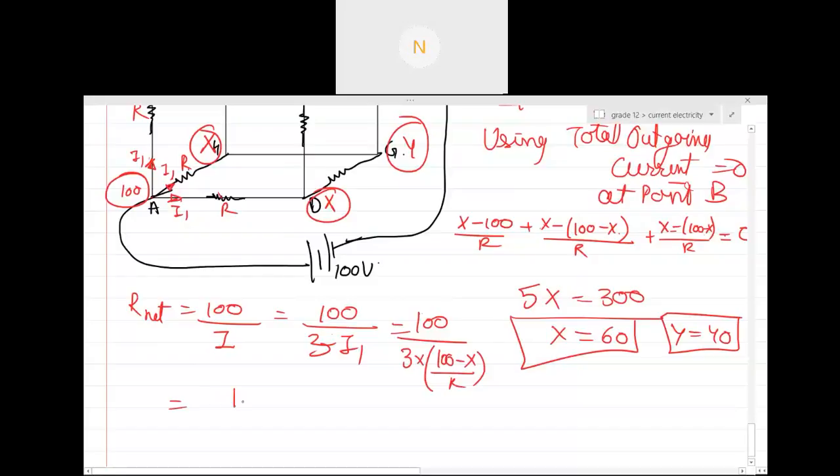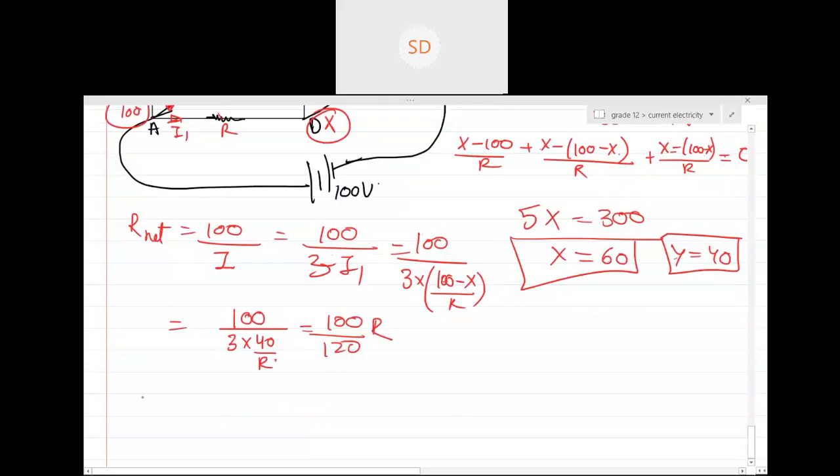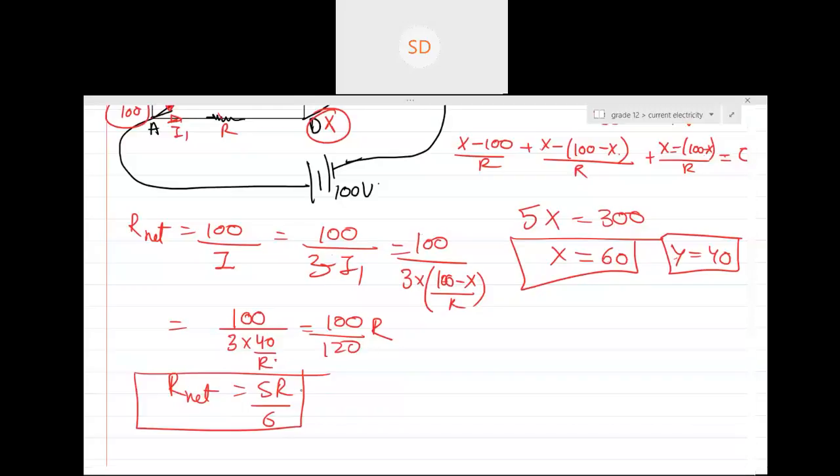So I got 5 by 6 R. 100 minus 60 will be 40, right? So 3 into 40 by R. So 100 by 120, this R will go up. Can you see? R net is again 5R. Can you see, using nodal also it is giving the same answer? Yes or no, guys? Yes, sir. Shall we go to SS now?